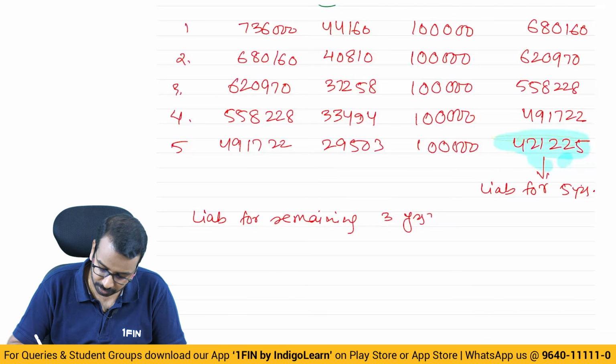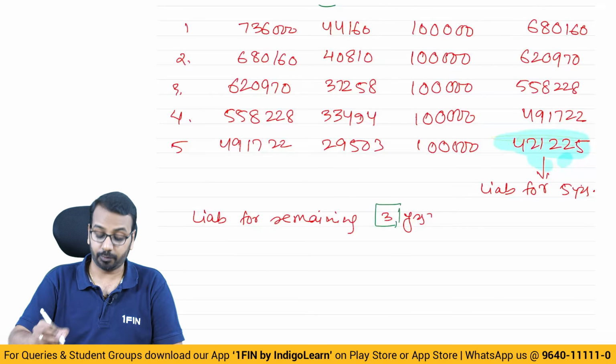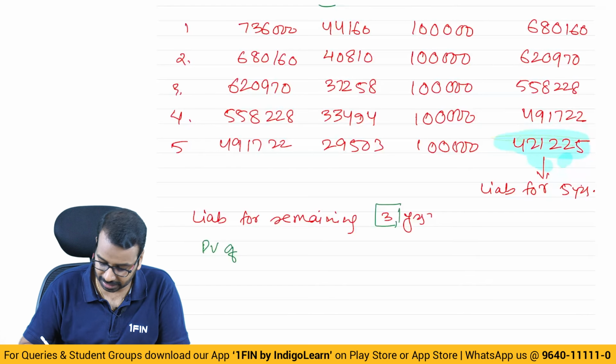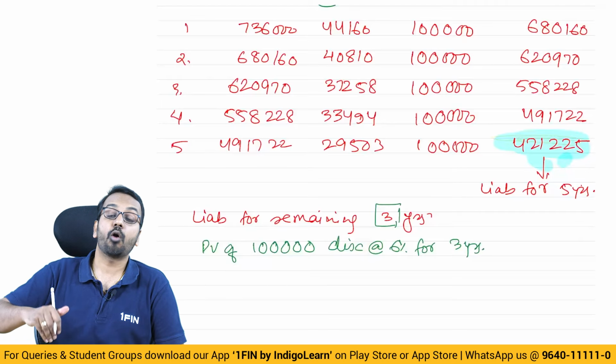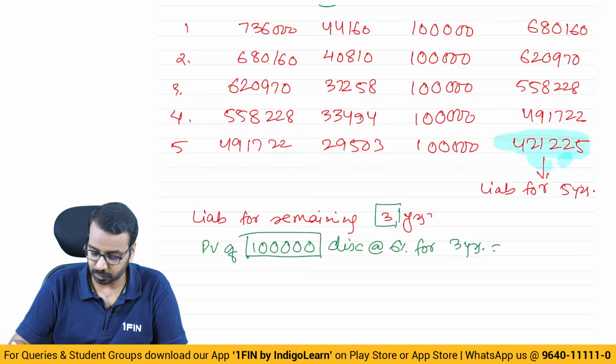Now, when we have to compute liability for remaining 3 years, don't do this into 3 divided by 5. For liability we need the present value. Lease payment 1 lakh discounted at 6% for 3 years. Basically, how much would be the liability if we just have 1 lakh payment for the remaining 3 years?